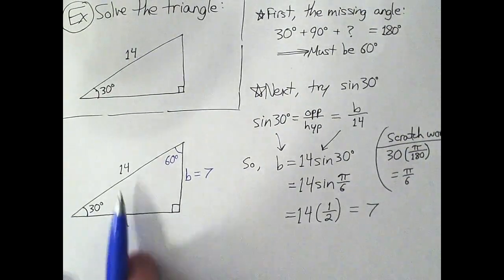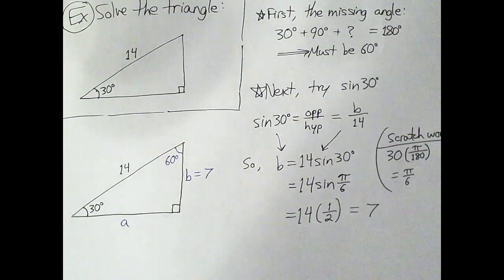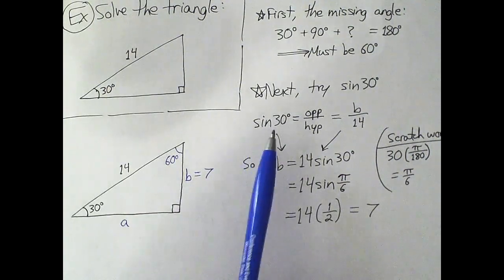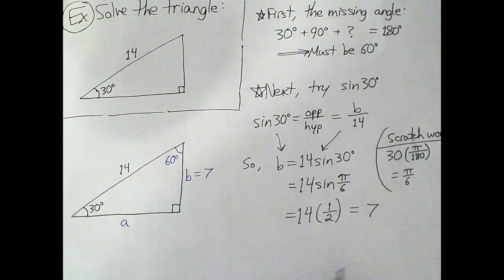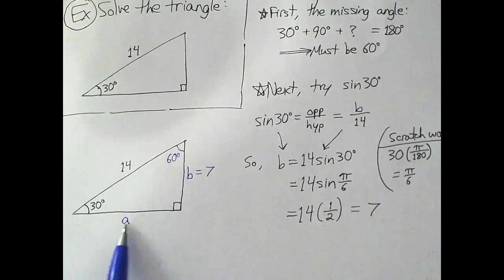Okay, there's only one thing missing. We need to find A. I'm going to tell you that when you're solving a triangle, sometimes you have choices, and there can be more than one way to solve it. I think we could find A by doing this kind of work, but using cosine instead. We could try to use cosine of 30 and work through it, and eventually we'd be able to find this.